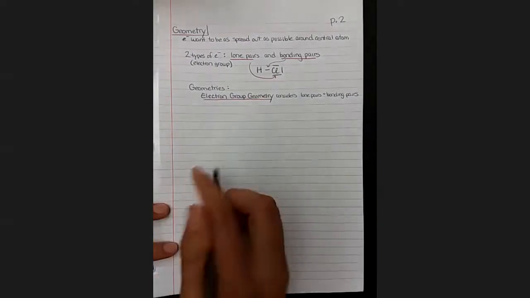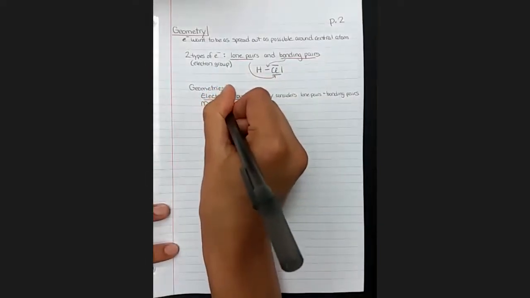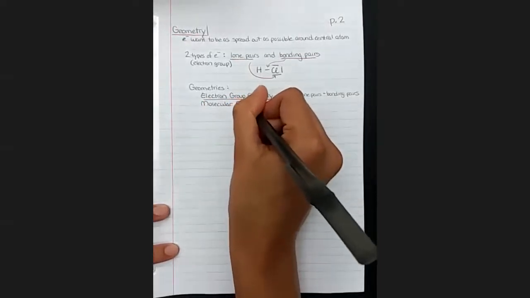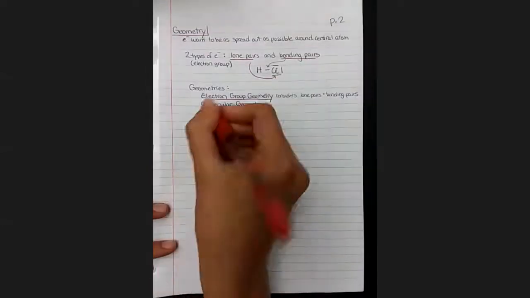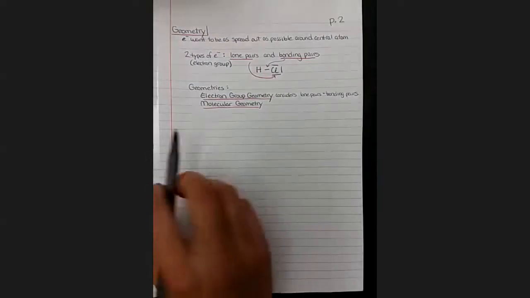We count all of the different electron groups, and once we've finished our count, then we go back and we count again. And this time we count for the molecular geometry. And the molecular geometry describes the physical shape of the molecules.